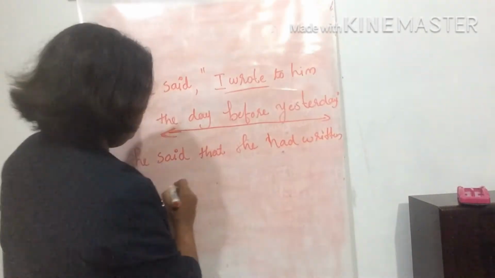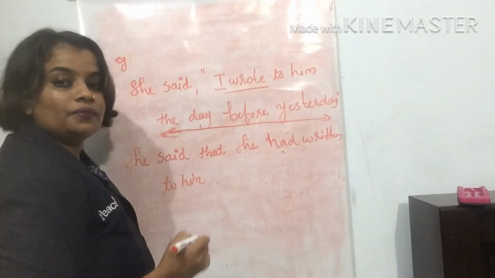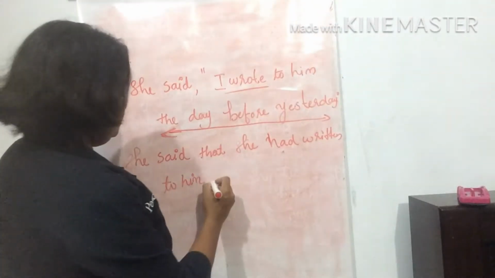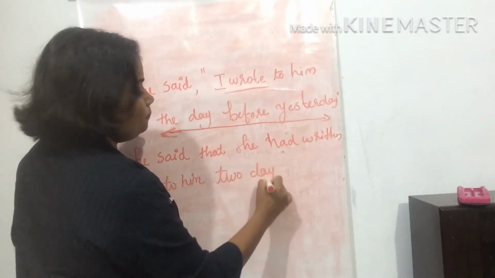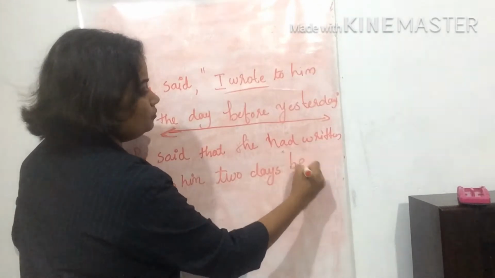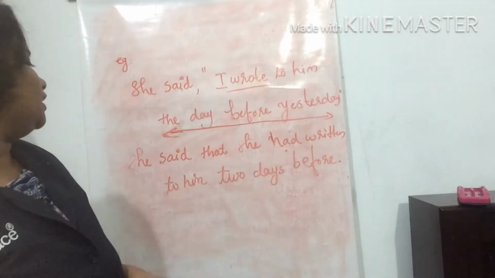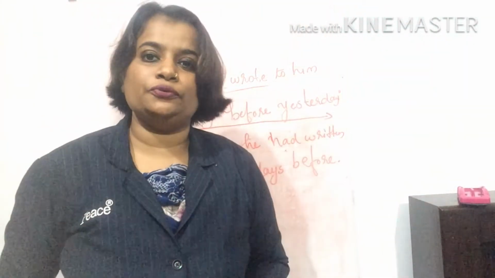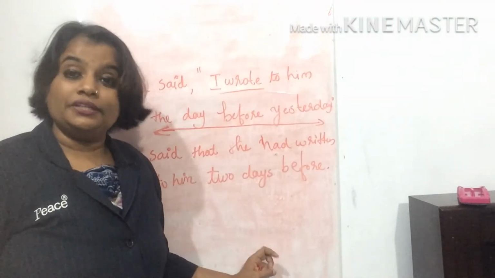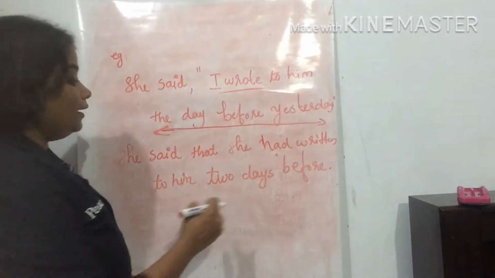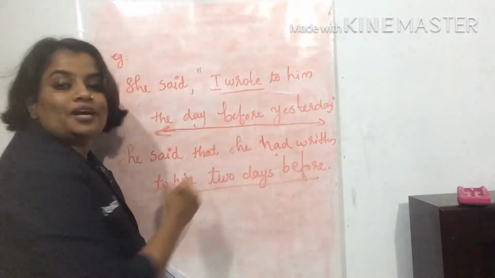She had written to him 2 days before. Okay, she said that she had written to him 2 days before. So this is the way to transform from direct to indirect in the case of adjectives, adverbs and adverbial phrases of time.